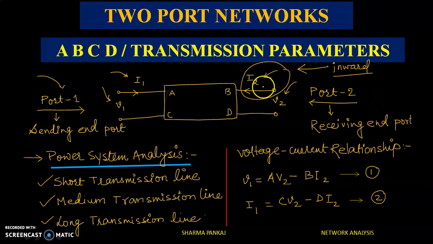Receiving means this will otherwise be outward. This I2 current will in reality be outward. So what we are going to do in power system is treat this as minus I2. We'll put a minus sign.